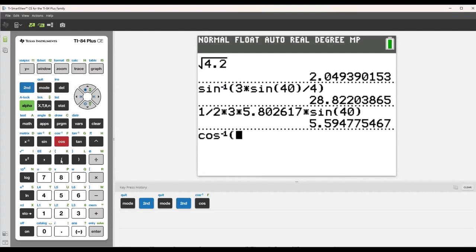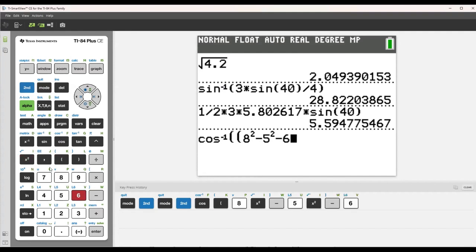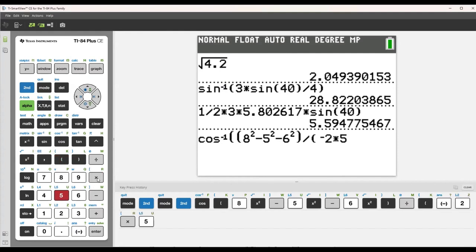I would like to calculate x squared minus 5 squared minus 6 squared, close it, and then divide by negative 2 times 5 times 6, and then we close it.